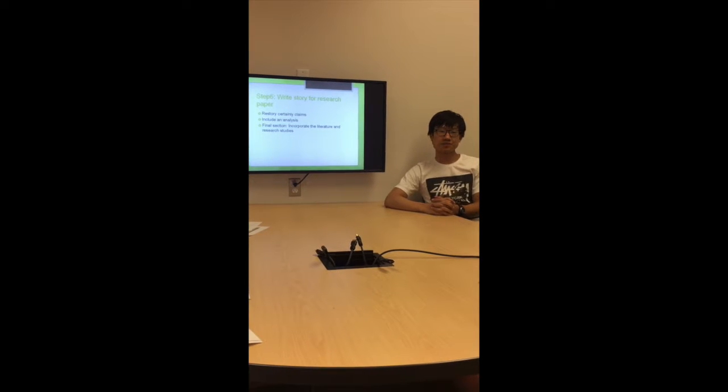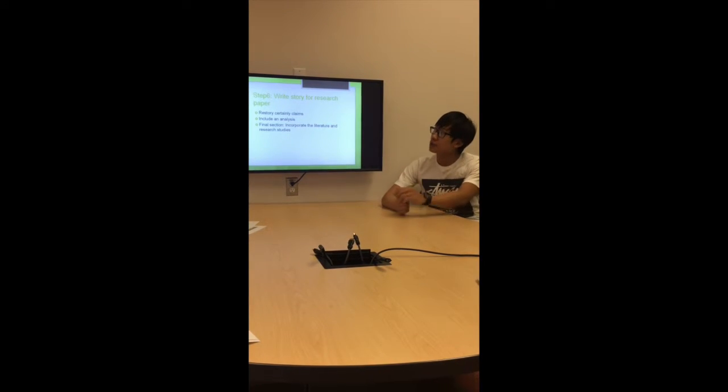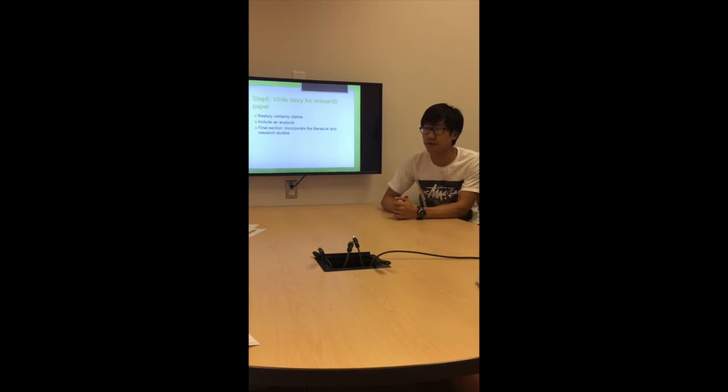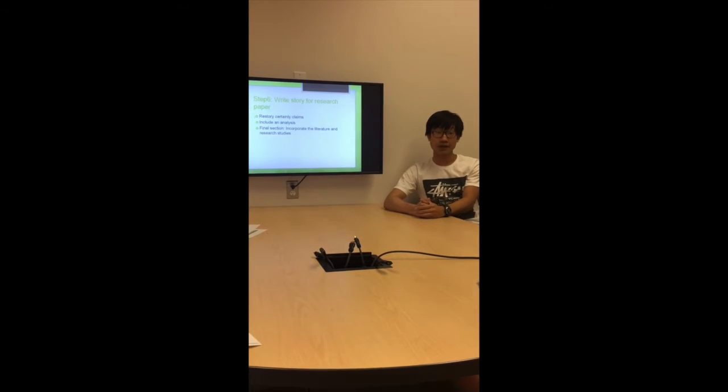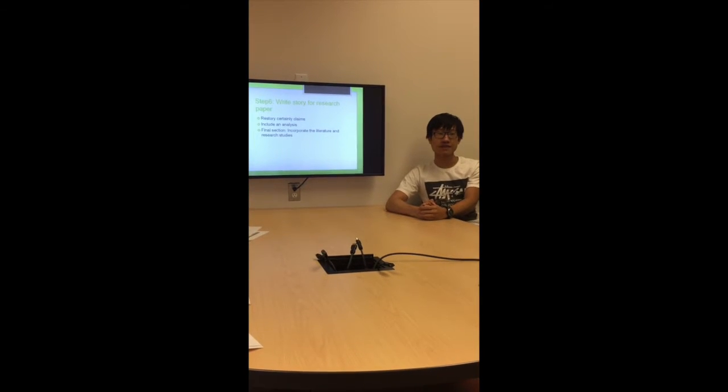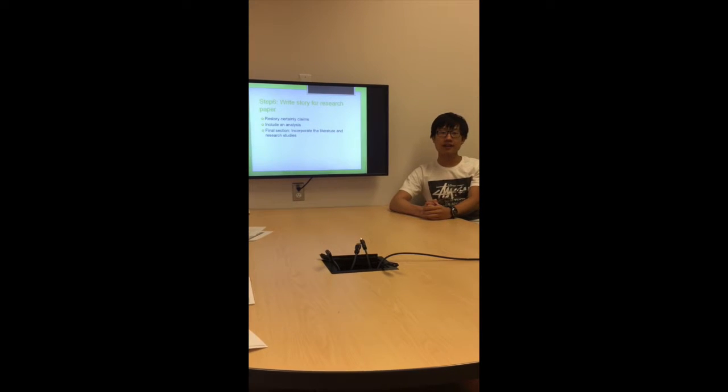Step 6. Write stories for the research paper. When writing a story, the researcher should include several features of narrative. The researcher's story certainly claims a central place in the narrative report.